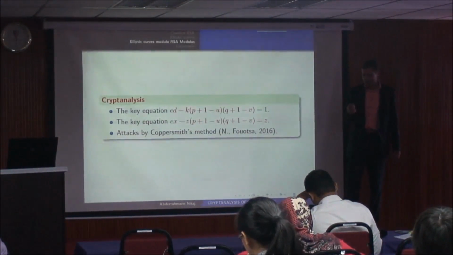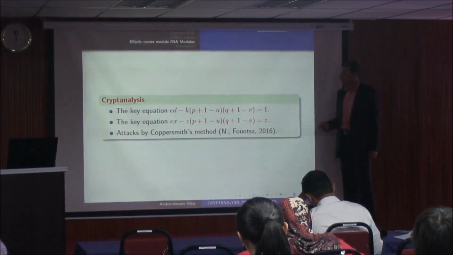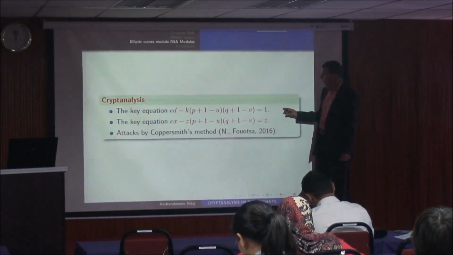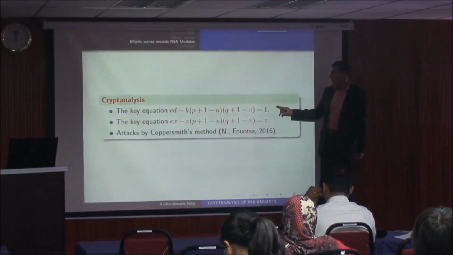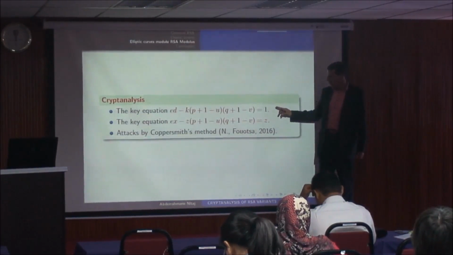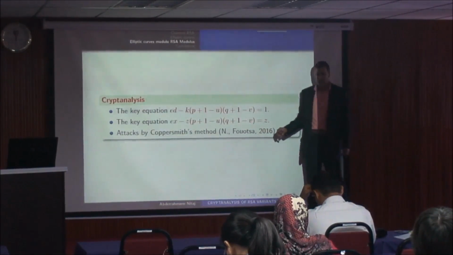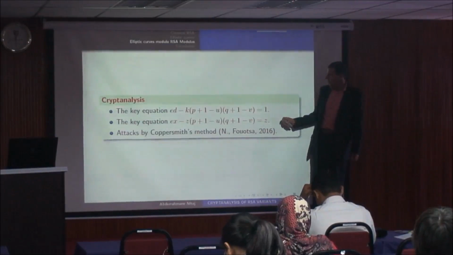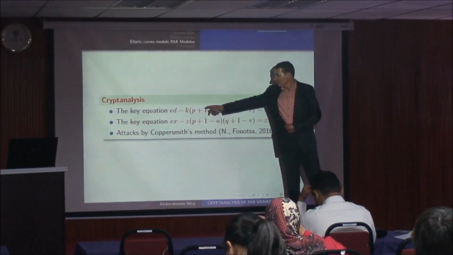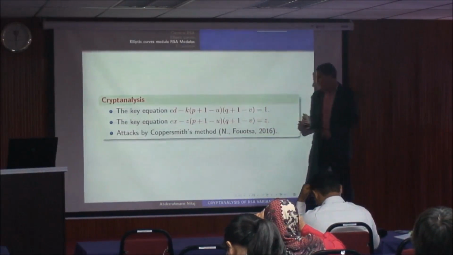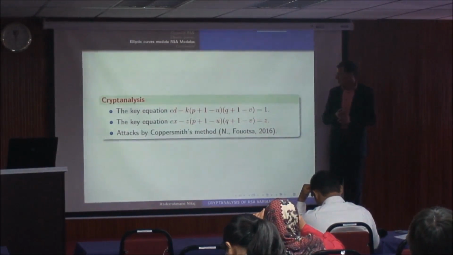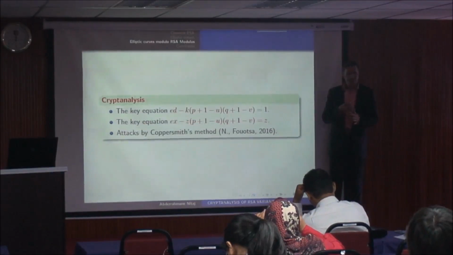So to attack this scheme, we need, for example, to solve this equation, and this key equation is quite difficult because there are a lot of parameters in it: d, e, u, and v. This is quite different from the RSA equation.